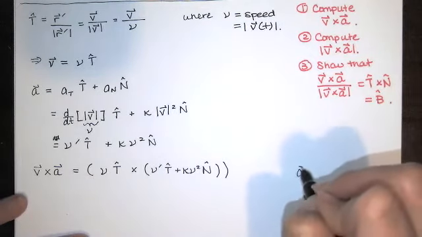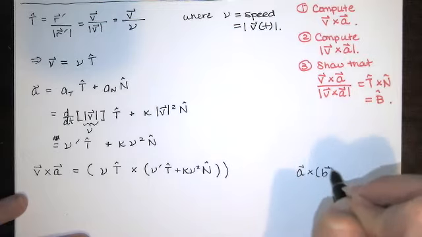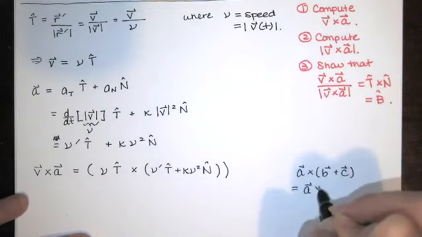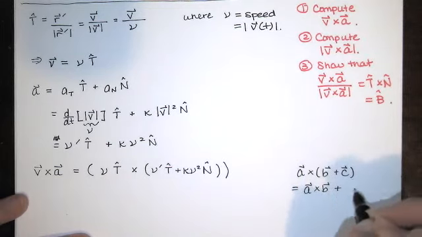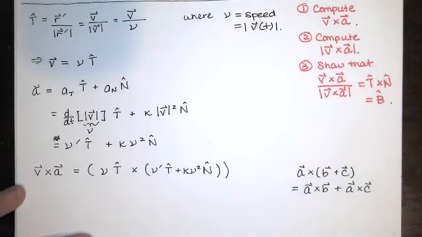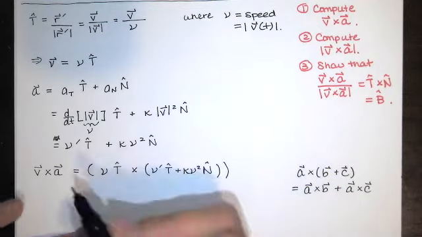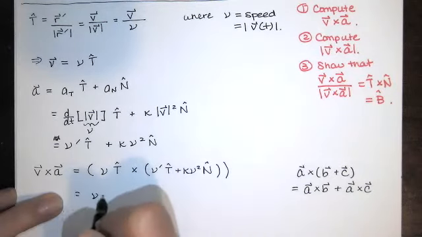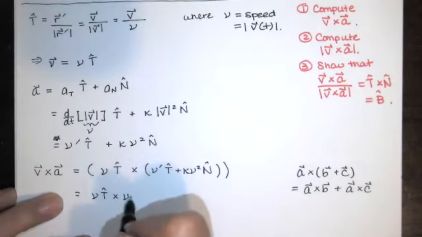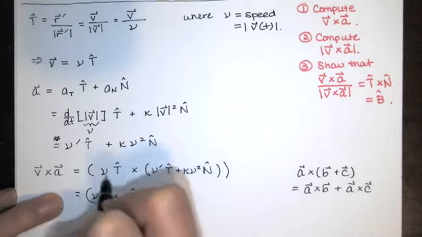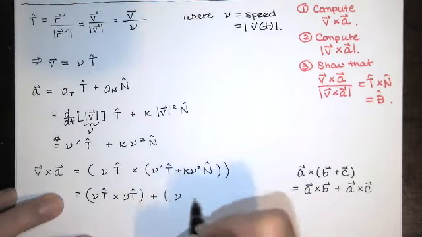If you have A crossed with B plus C, it turns out that that's the same as A crossed with B plus A crossed with C. This cross product distributes over addition. So this is the same as this crossed with this, plus this crossed with this.